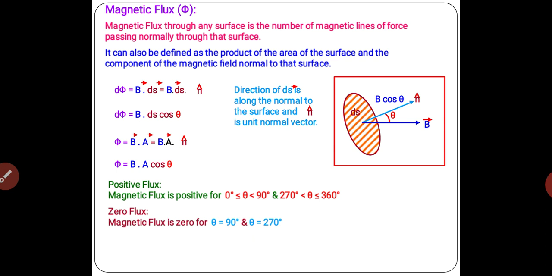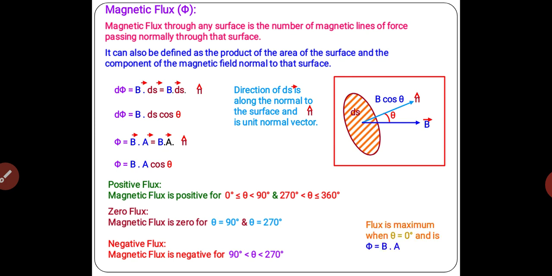That is, the angle between normal to the surface area and applied magnetic field is 90 degrees or 270 degrees. The magnetic flux is negative when theta lies in the second and third quadrant, that is, theta is greater than 90 degrees and less than 270 degrees. The flux is maximum when theta is equal to 0, that is, the magnetic field lies along the normal to the area.